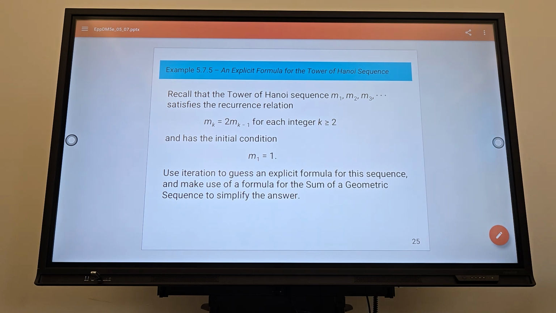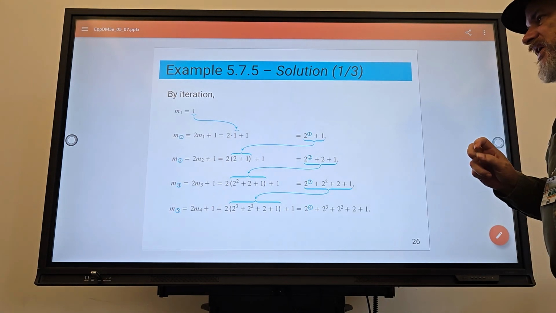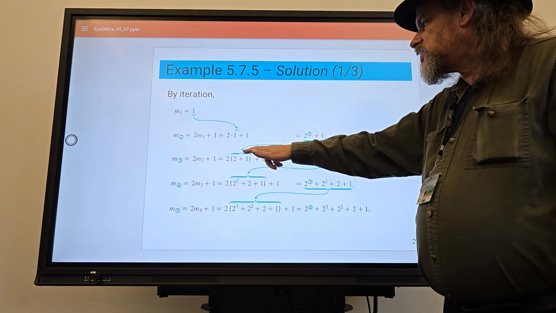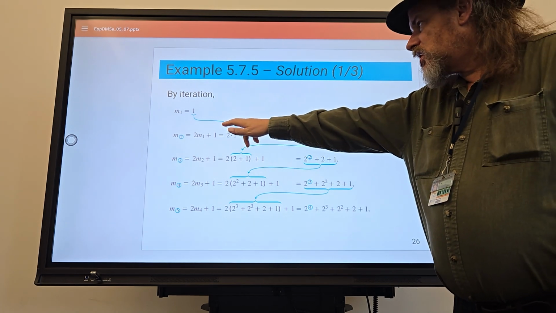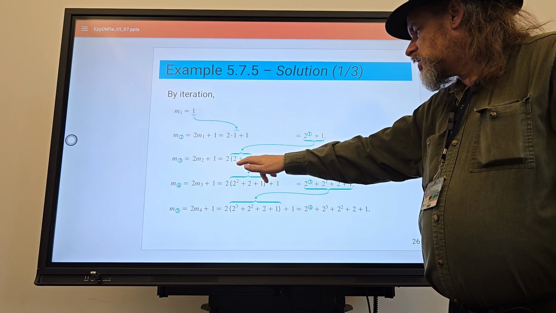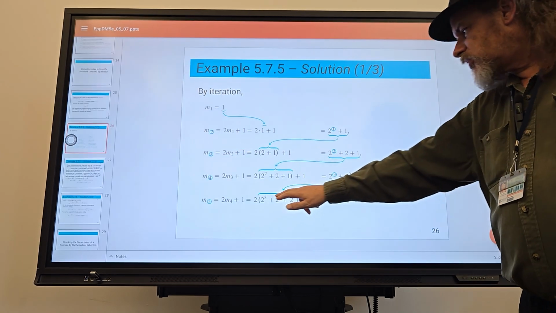Use iteration to guess an explicit formula for this sequence. Make use of a formula for the sum of a geometric sequence to simplify the answer. By iteration, you see that substitution, and then substitution, then substitution, then substitution.